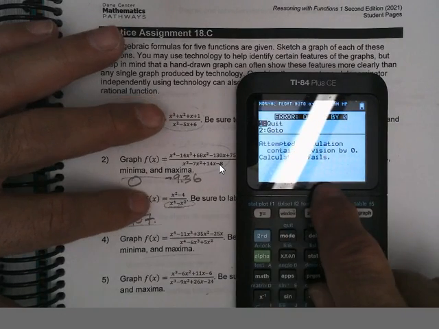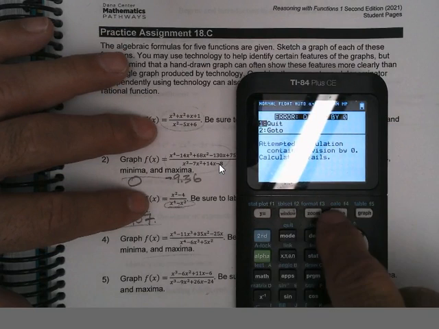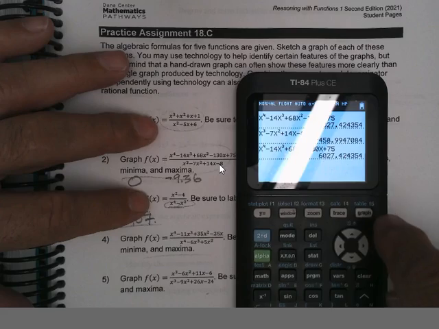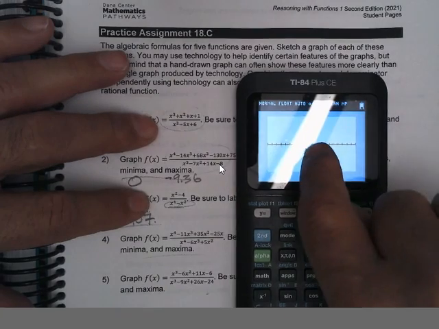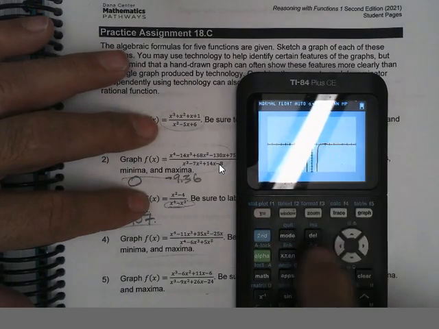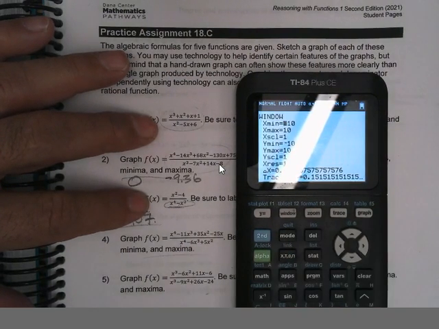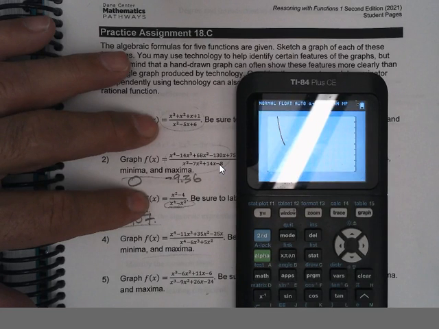So let's take a closer look at this. Second, quit graph. And I'm going to look between -1 and 0. So window, I want to look from -1 to 0 in the x, and I want to look higher, between 10 and 20 in the y, and there it comes down, and I bet it comes down on the other side of 0.